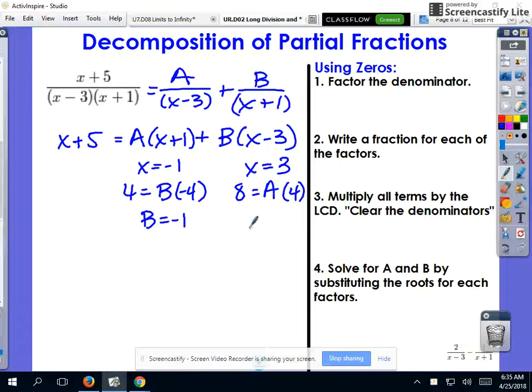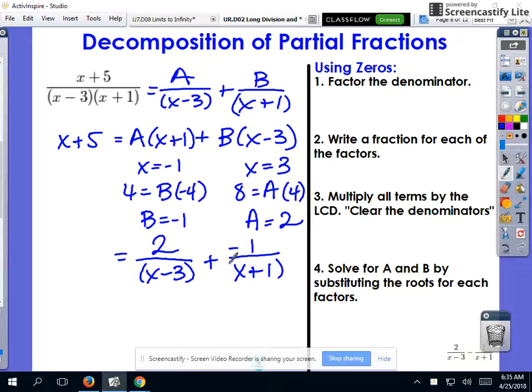And divide both sides by 4, I get a equals 2. So now I have my two answers. I'm going to be able to write this as 2 over x minus 3 plus negative 1 over x plus 1. Also, you can switch this up a little bit and make this a minus. Boom.